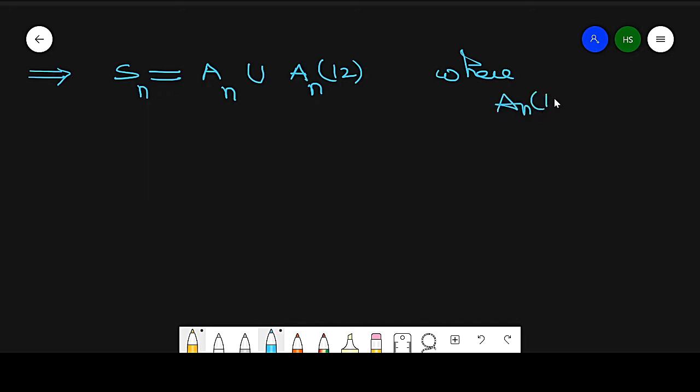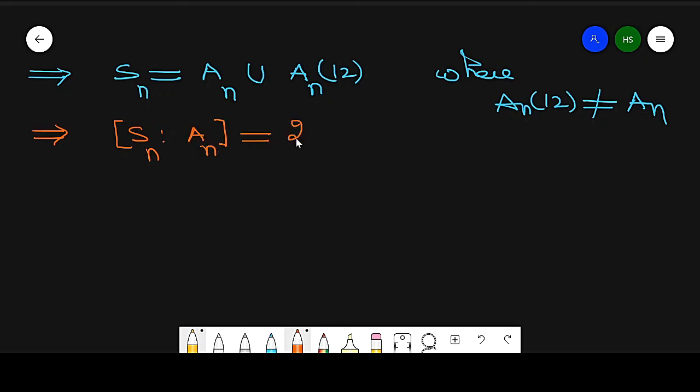So it implies Sn can be written as An union An(1 2), where they are distinct. This is not equal to An. So it means the index of An in Sn is equal to 2.